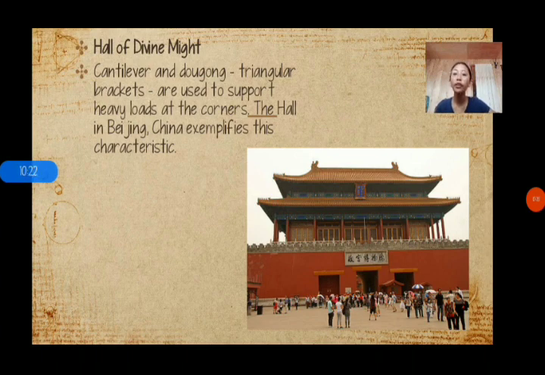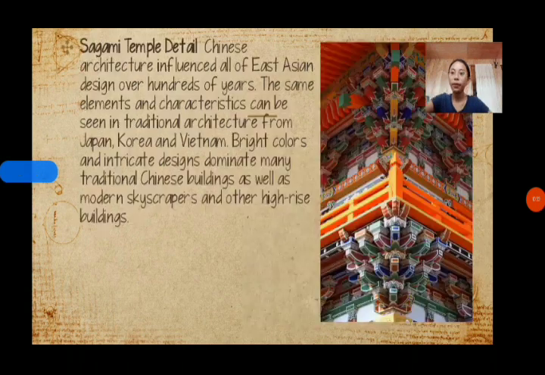The Hall of Divine Might is located in the Forbidden City in Beijing and exemplifies these design characteristics. Next is the Sagami Temple detail. Chinese architecture influenced all of East Asian design over hundreds of years. The same elements and characteristics can be seen in traditional architecture from Japan, Korea, and Vietnam.